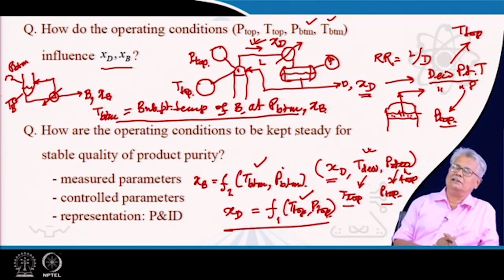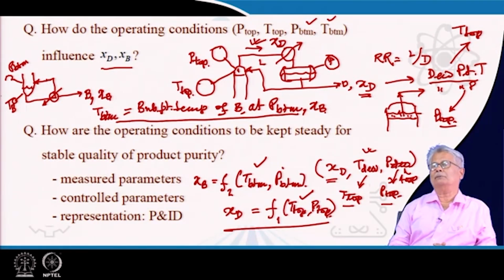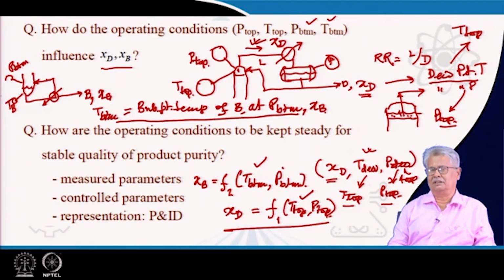If you calculate, it is something very interesting. Suppose we are talking about a 1.5 meter diameter column, and the column pressure fluctuates by approximately 0.1 kg per cm square. You will evaluate the pressure differential that it generates across the top tray. It will be in hundreds of kilograms force.